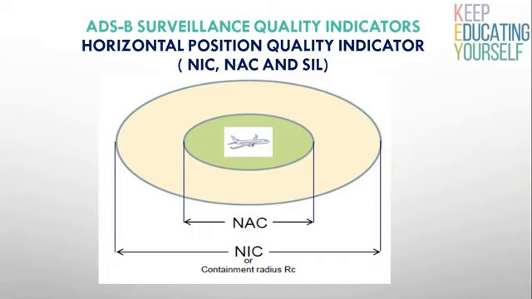We will discuss all of these terms. Before that, we must remember that the ADS-B message also contains the quality indicator of the reported position. Remember, there is no ground verification of the accuracy of information provided by the aircraft.